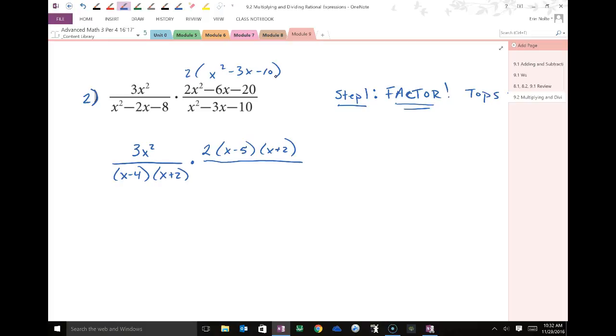Oh, no, it would be minus because you need to get a negative 3. So negative 5 plus 2 is negative 3. Okay. What is the bottom one factor to? Same thing, right? Did you notice that right away? Probably did.